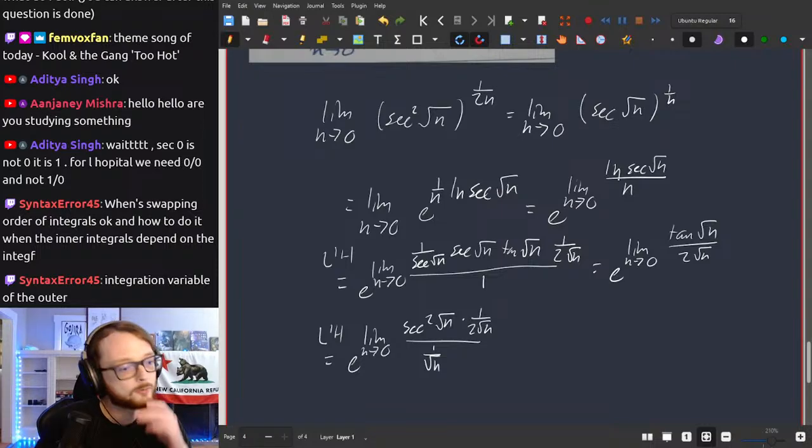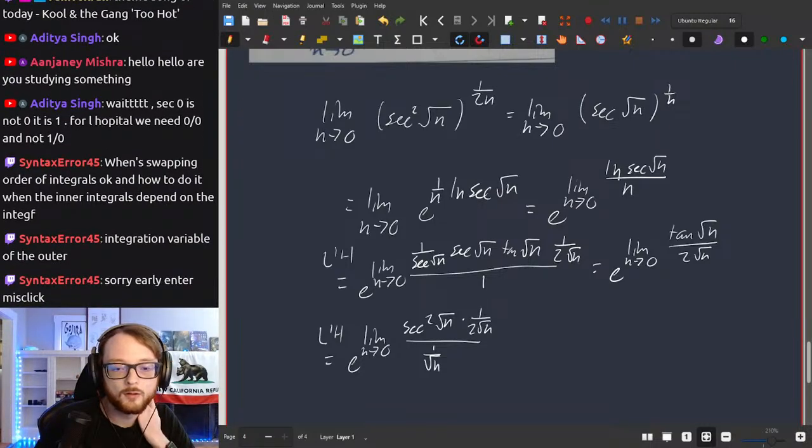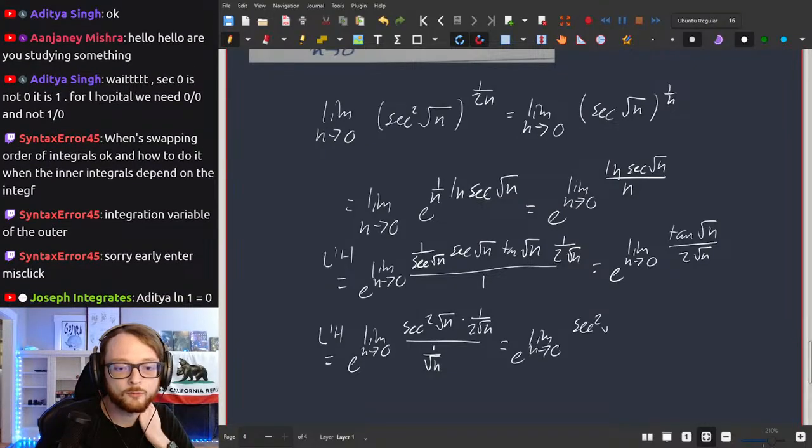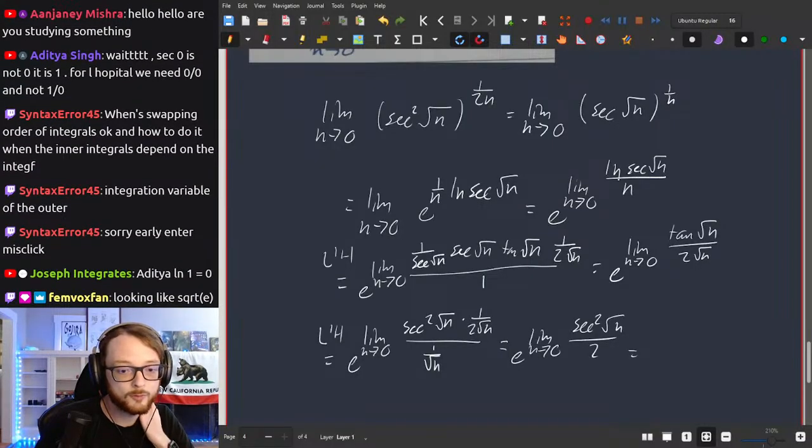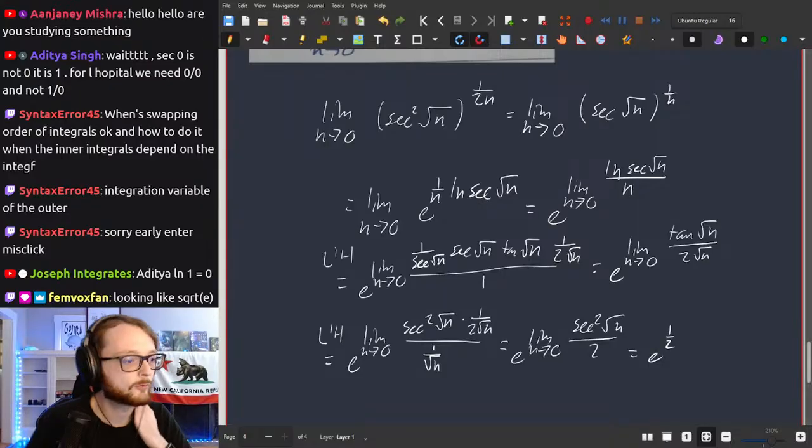This should work out. Secant squared root n over 2. So secant of 0 is just 1. So we get e to the 1/2. So I'd say that's the answer there.